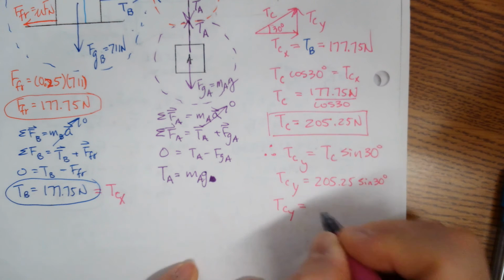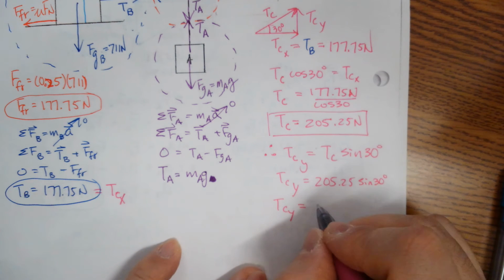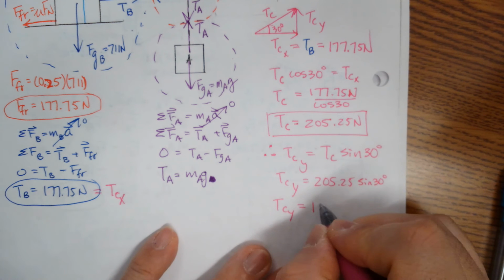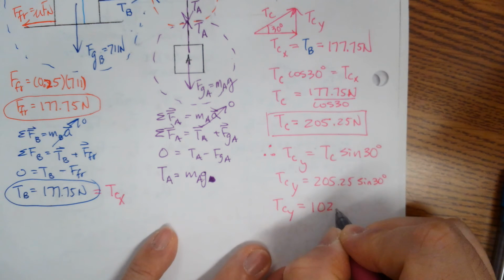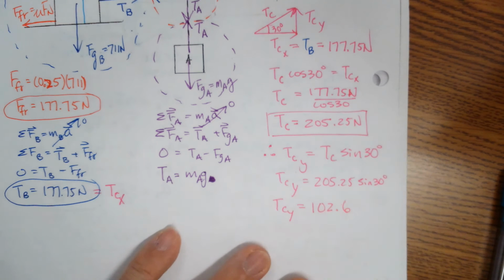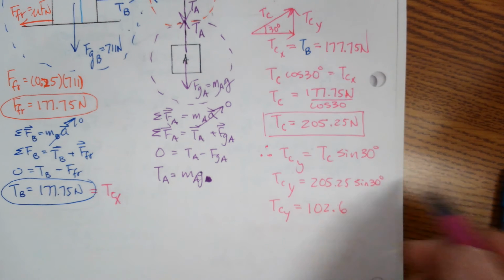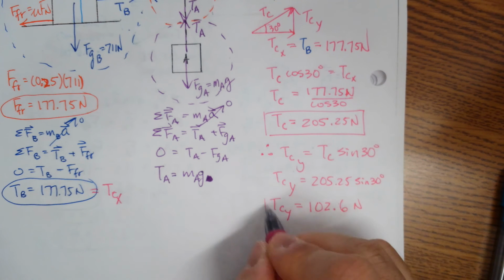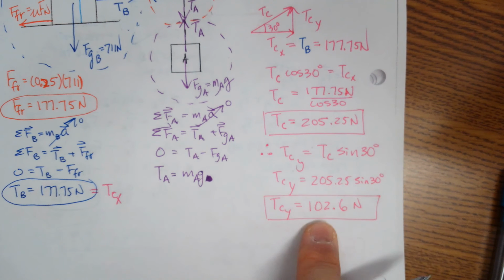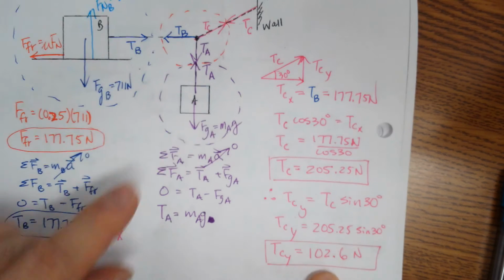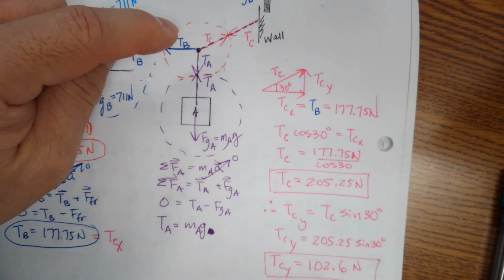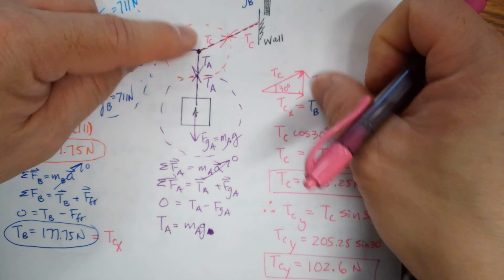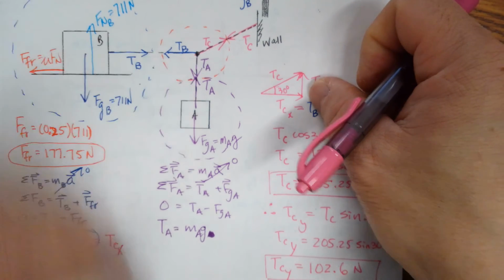So my TCY is equal to 102.625 newtons. Since my TCY is equal to 102.6, TA and my TCY should cancel each other out. Okay?